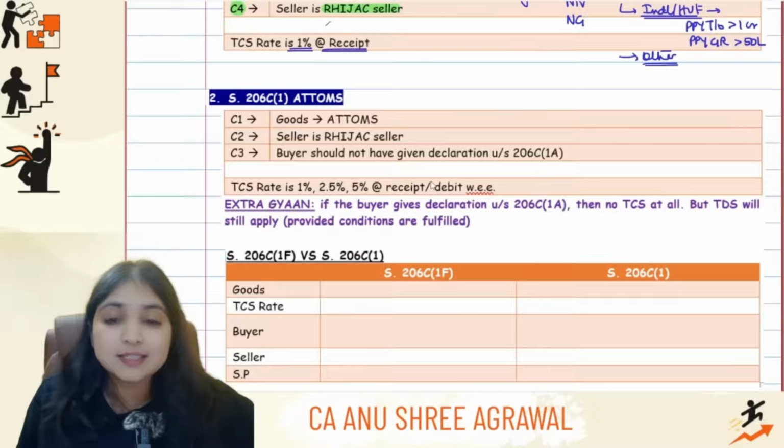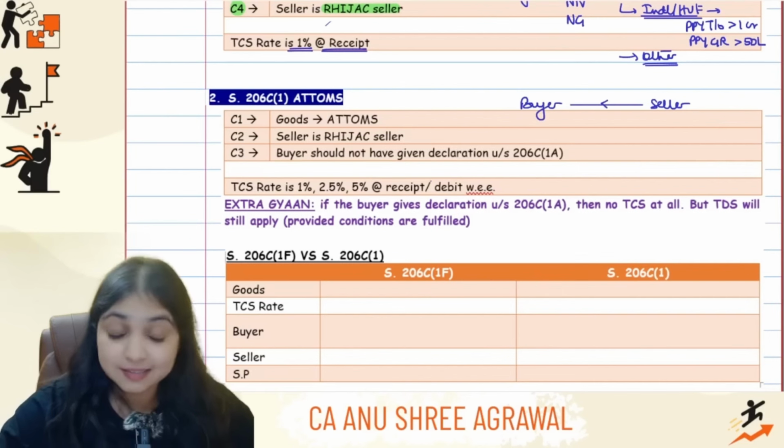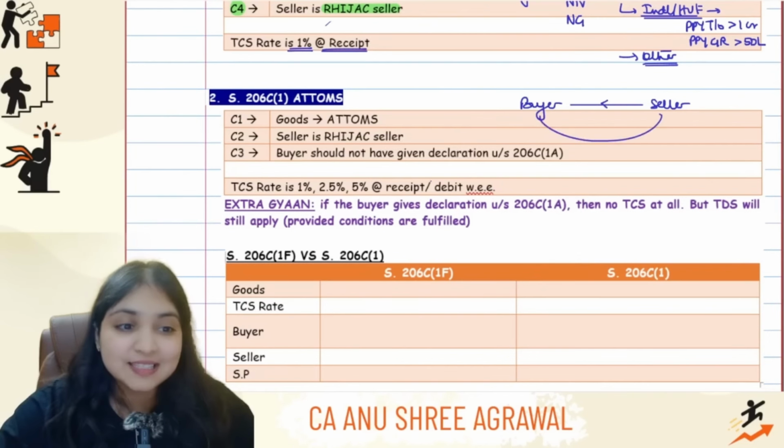Now come to the next TCS section 206C1. I'll tell you what happens over here. So here again we have the seller and we have the buyer guys. This time the seller is selling to the buyer goods, and these goods are atoms. Now what are these atoms?